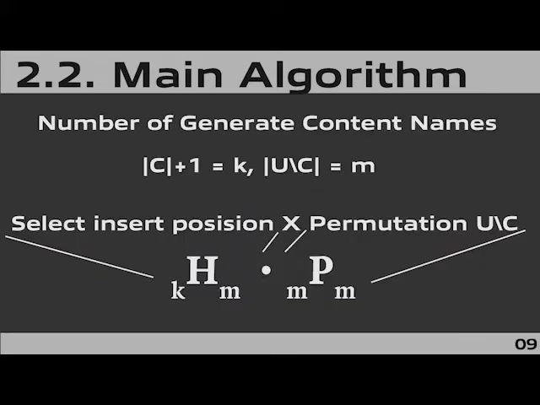If the number of elements of the word set included in the arbitrary content name used for the generation is k, and the number of elements of the difference set between c and u is n, the number of content names generated by this algorithm is represented by the formula shown in the slide.